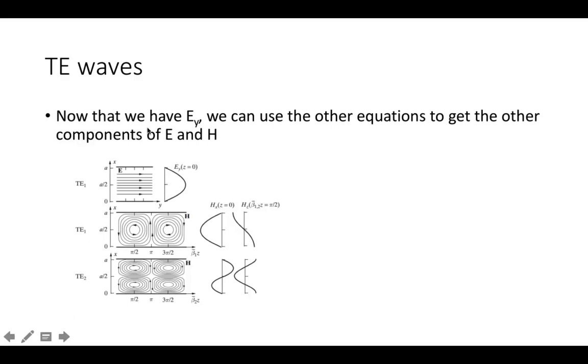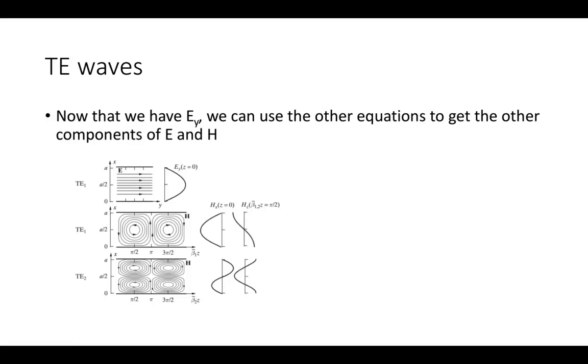So basically what happens is you have a different field distribution inside that waveguide for different values of m. For m equal to 1, that electric field looks like a half sinusoid from bottom plate to top plate. So this would be looking down the end of the waveguide.